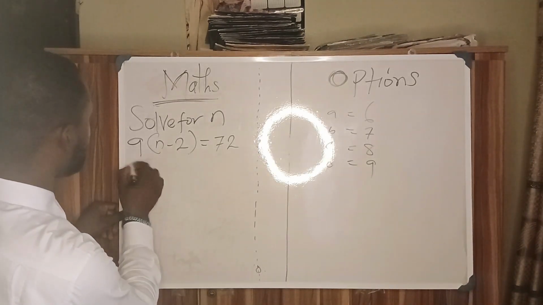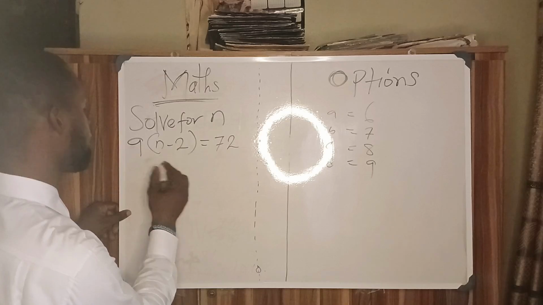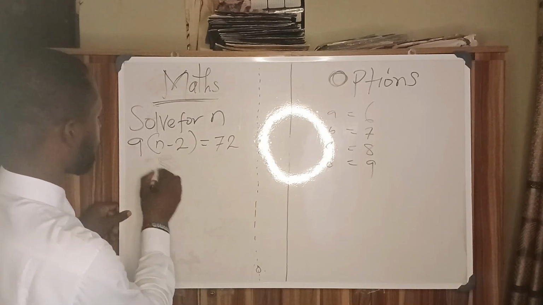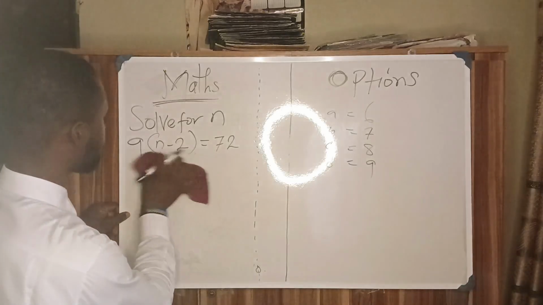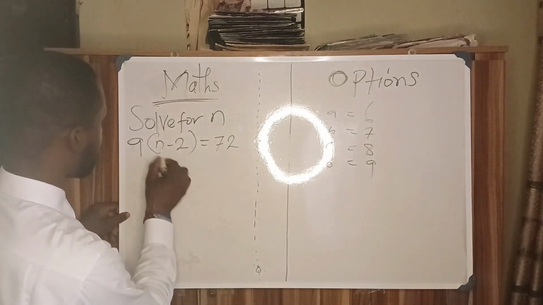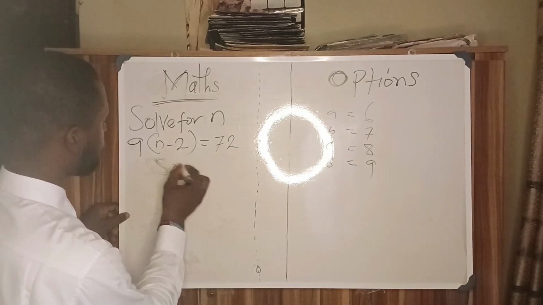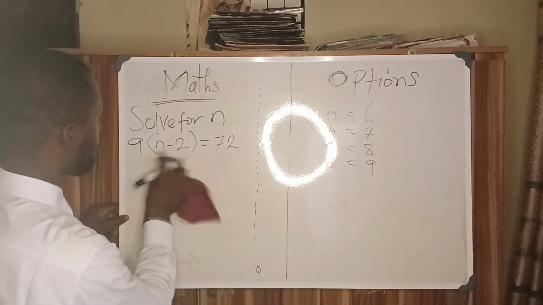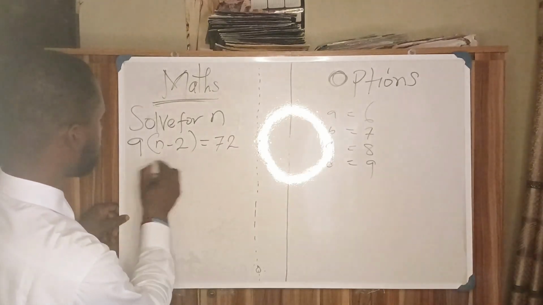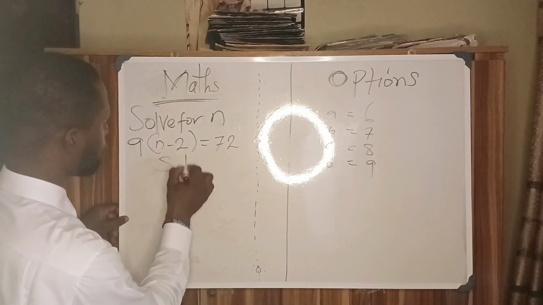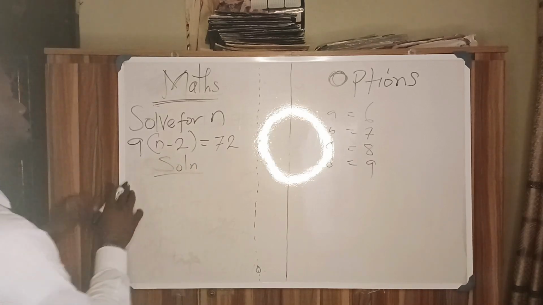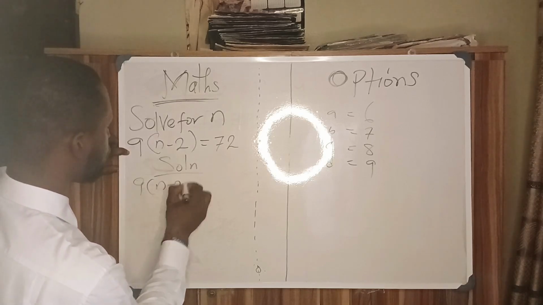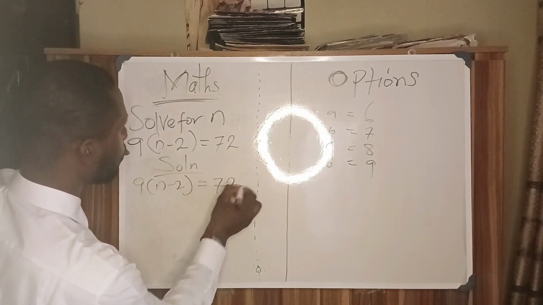Solution, this is the short form. Now, 9 into n minus 2 in brackets equals 72.